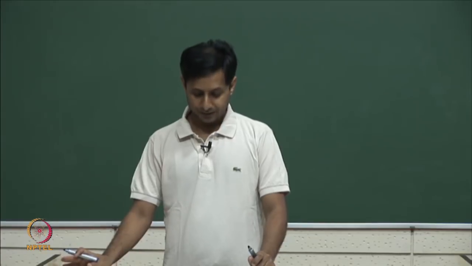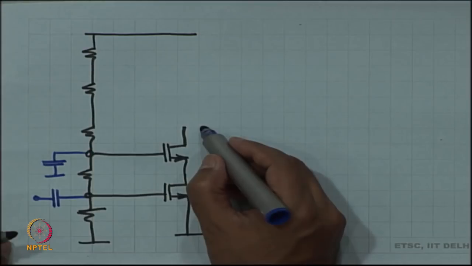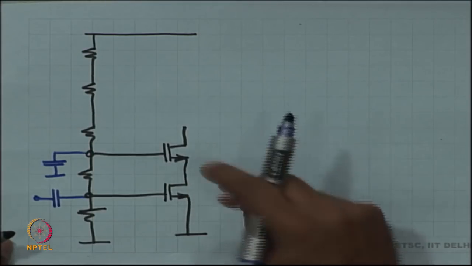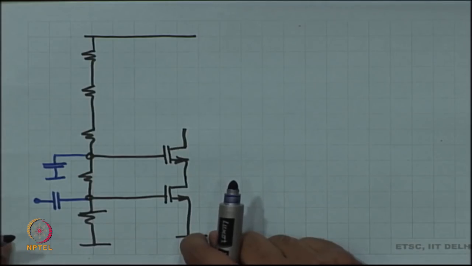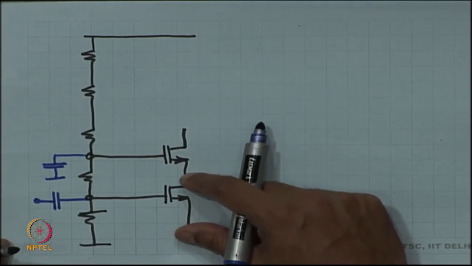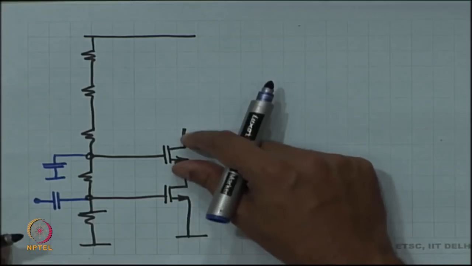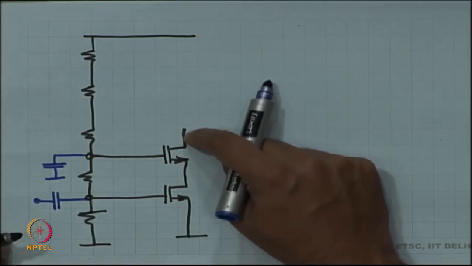At the same time, the output impedance looking in from the output node is very high, because this is a MOSFET terminated on the source side with RDS. So, on the source side there is RDS, and you are looking in from the drain.